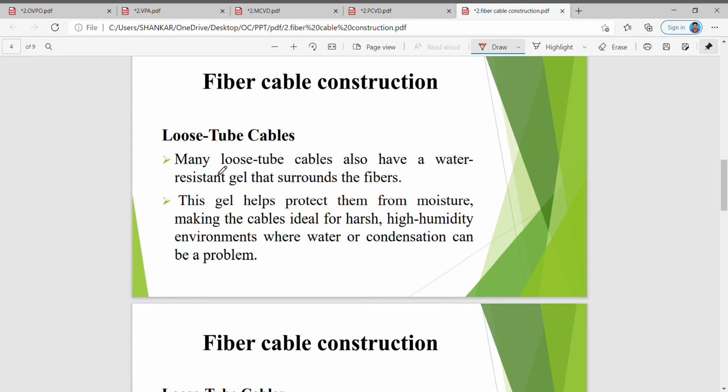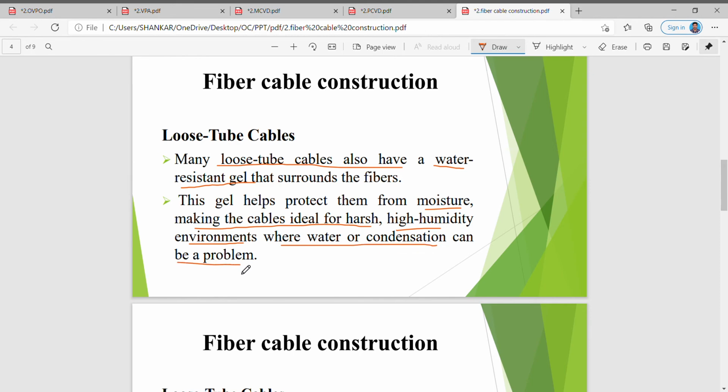Mainly these loose tube cables consist of a water resistant gel. This water resistant gel is generally used to protect the fiber from moisture, making the cables ideal for harsh, high humidity environments where water or condensation can be a problem.